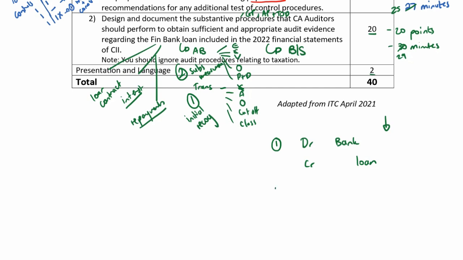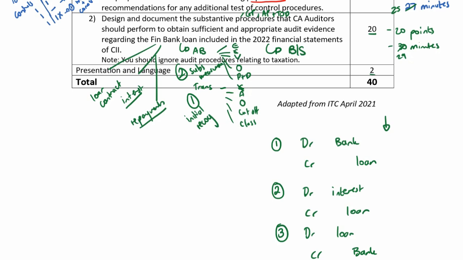And then what happens? Subsequent to this, there will be interest. There will be a debit to interest and a credit to this loan. And so I'm going to have to test this transaction. And if they need to make any repayments, there will be a debit to the loan and a credit to bank.